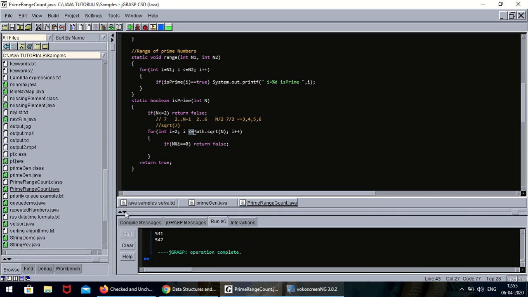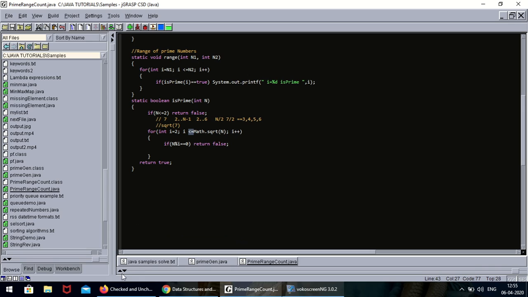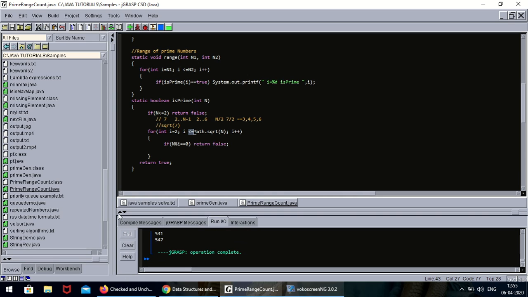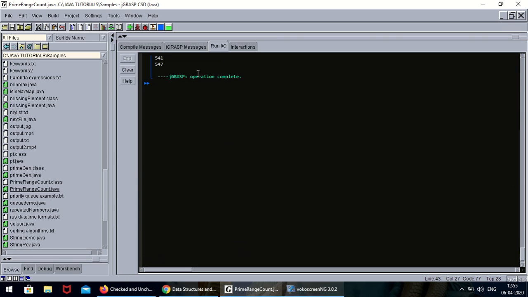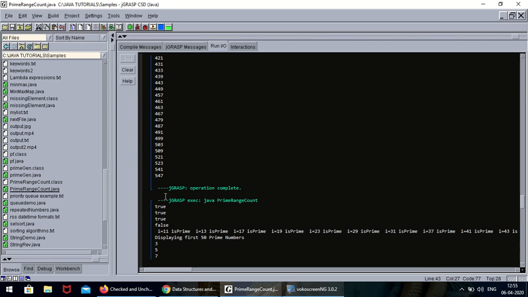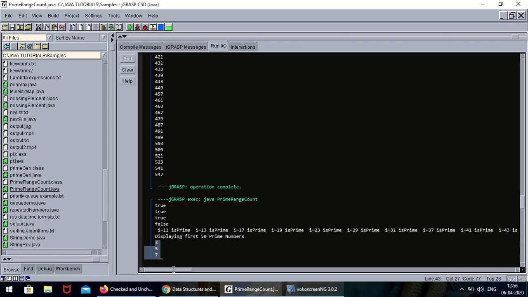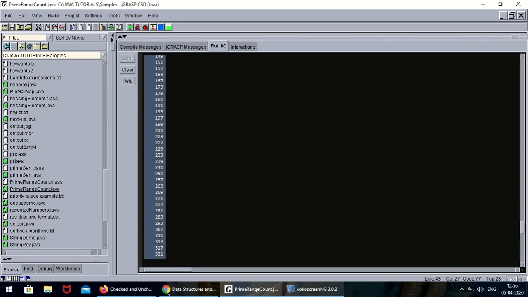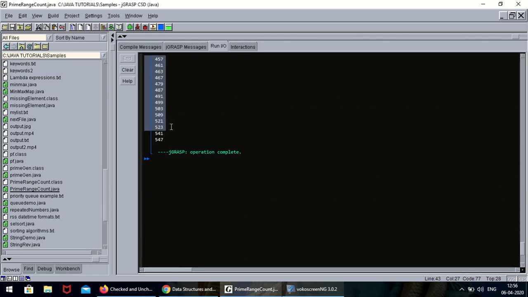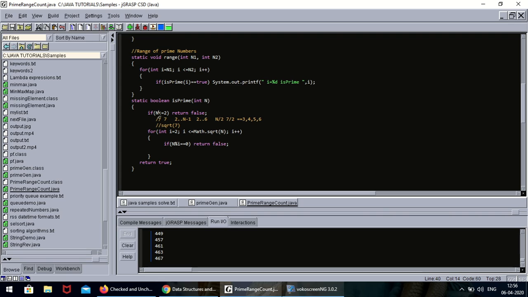See, even square root gets the same values. First 100 prime numbers, 3 to 547. That's it.